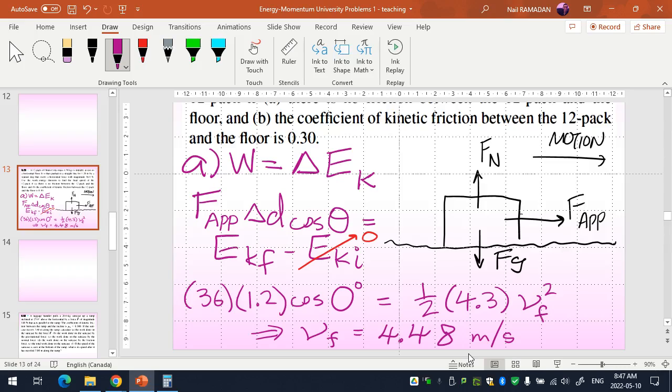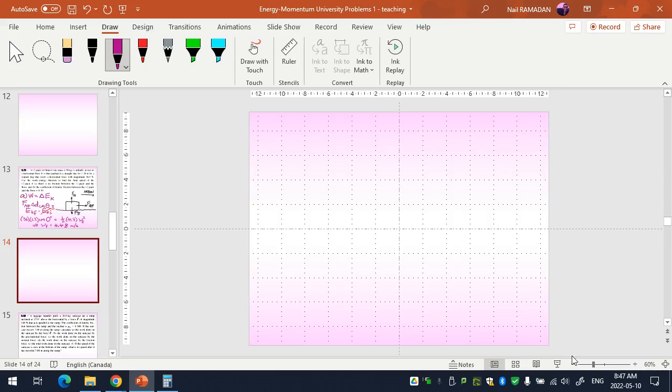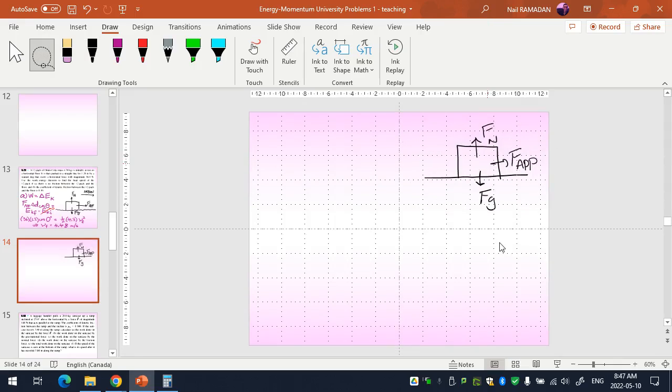Okay, so let's go here and let's sketch a quick FBD up here, everyone. Let's do it in black. So FG, FN, still F applied, and Fk.